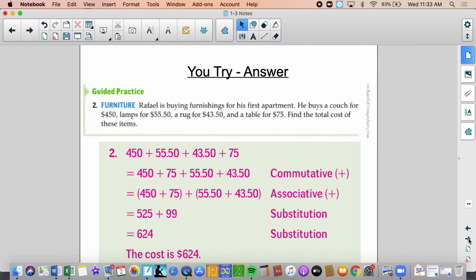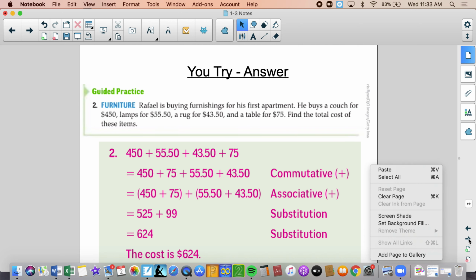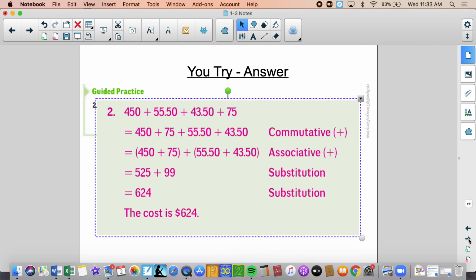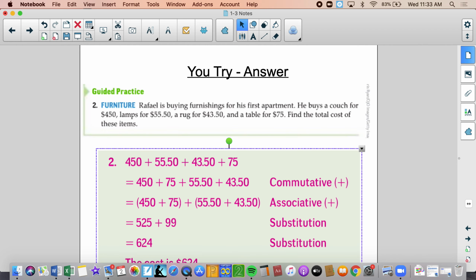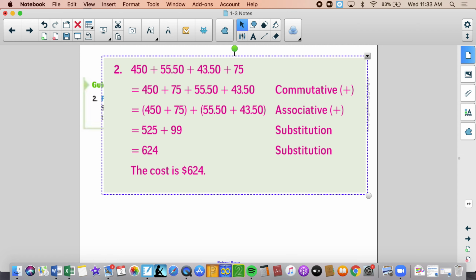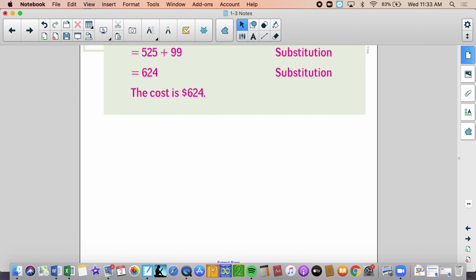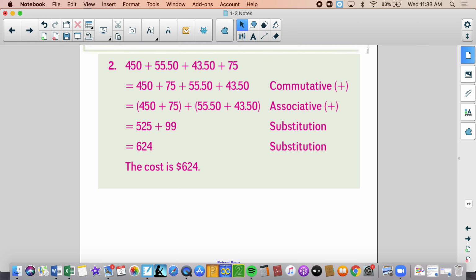All right, so I think that the easiest way to do this problem, right? Let's do this, and then move you up and extend the page. So we would add 450 plus 55.50 plus 43.50 and then 75.